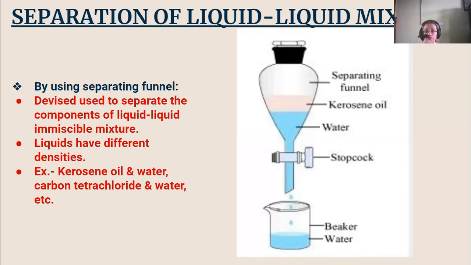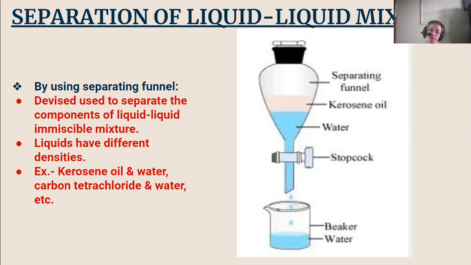If we place the liquid-liquid mixture in the funnel and give it some standing time, the liquids will separate according to their different densities. The lighter one will float above the heavier one. For example, kerosene oil and water, or carbon tetrachloride and water, can be separated by this method.